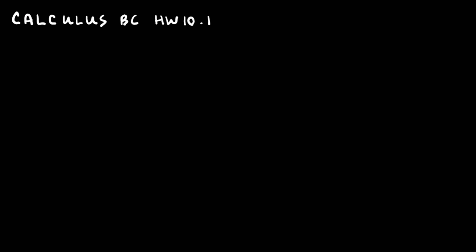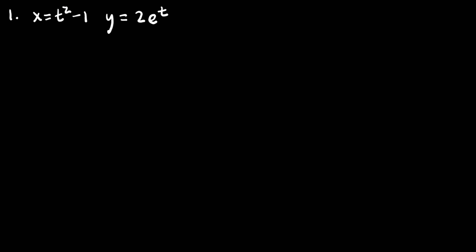Okay, so the first problem is if x equals t squared minus 1 and y is equal to 2e to the t, then what is dy/dx equal to? So I'll have dy/dt equaling 2e to the t and dx/dt equaling 2t.